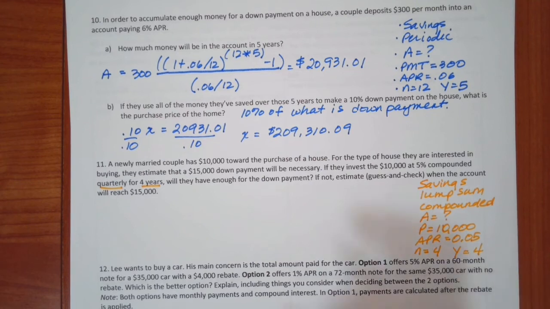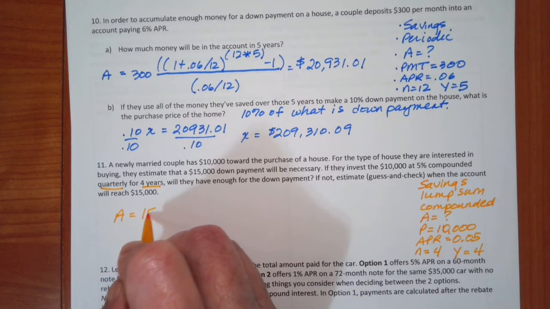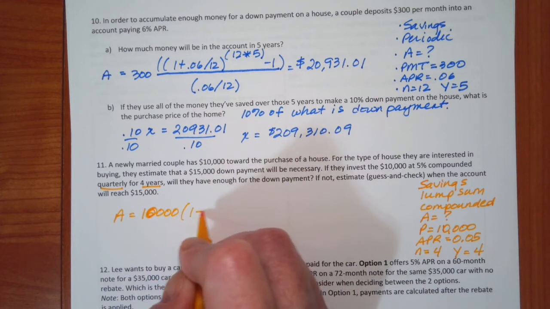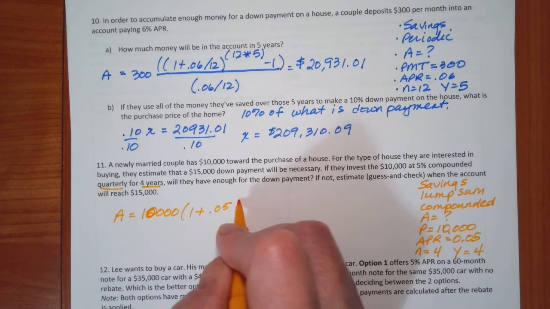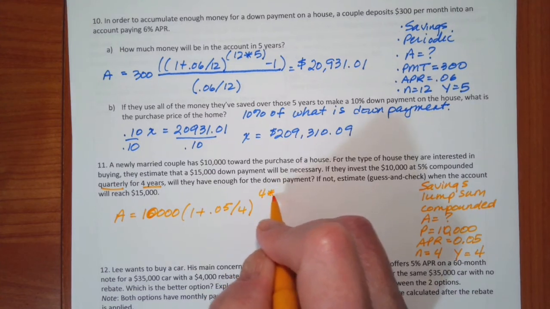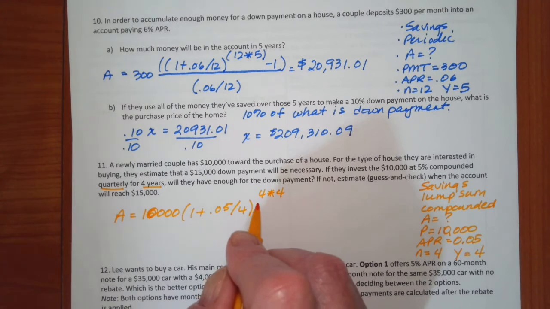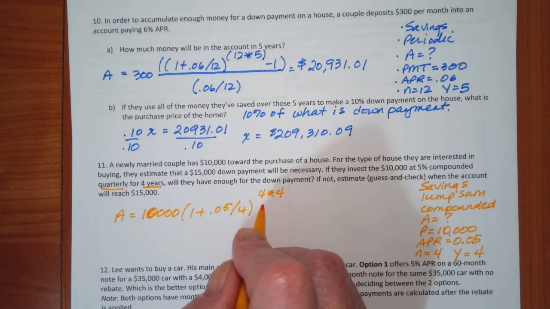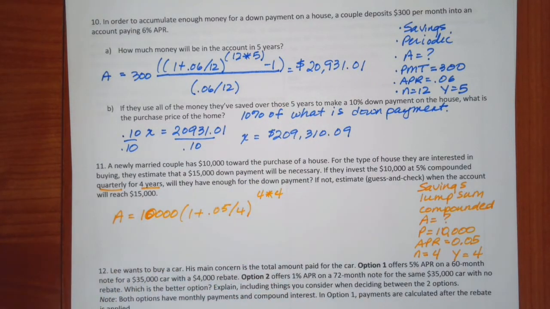So we're going to go back to the compound interest formula. A is equal to P, and that's 10,000, times 1 plus the APR divided by N to the N times Y. I'm going to do this differently.